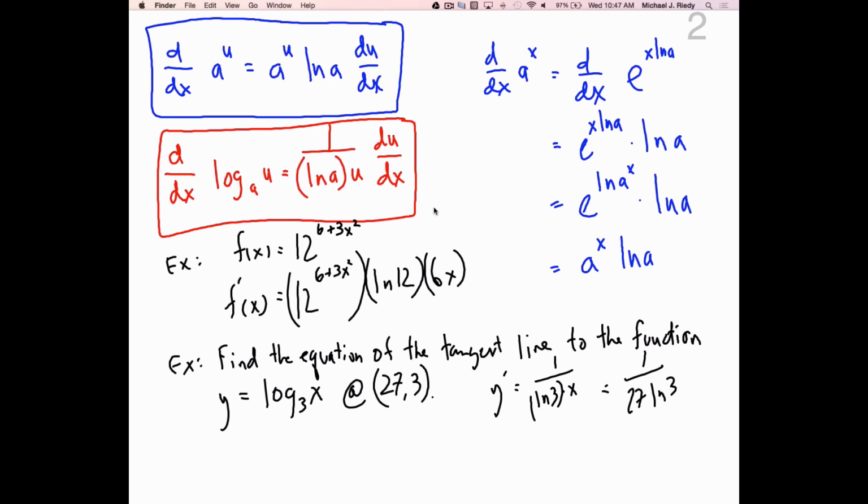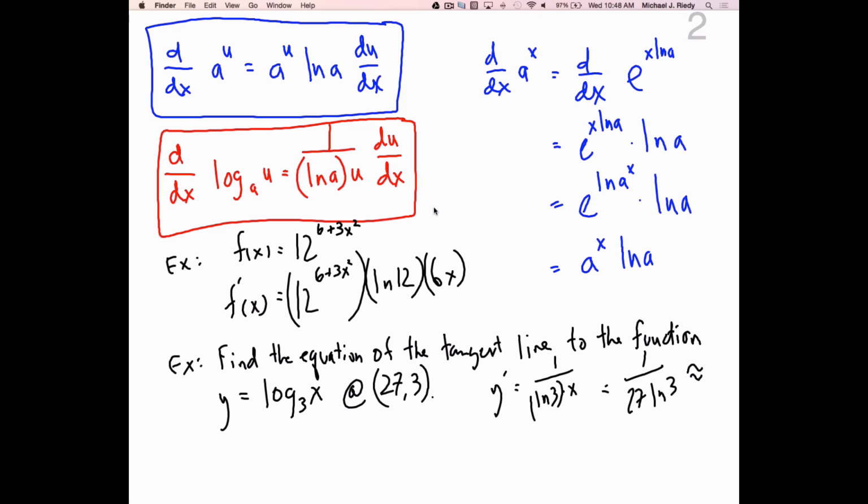Two options. If it's a calculator portion of a test, then you would plug that into your calculator and get a decimal equivalent of about 0.041. Can you write it as 1 over natural log of 81?